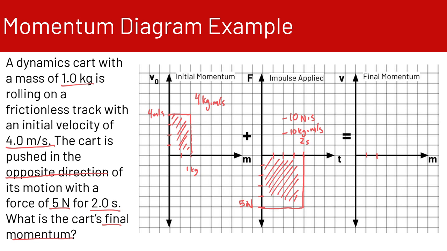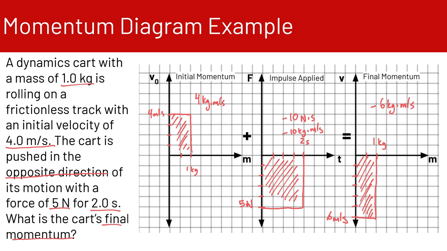So we got to go down to 6 meters per second. 1, 2, 3, 4, 5, 6. So this is 1 kilogram, and this is 6 meters per second. So our final momentum is minus 6 kilogram meters per second.